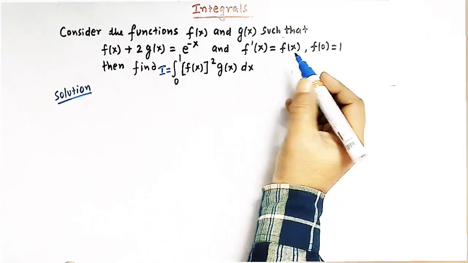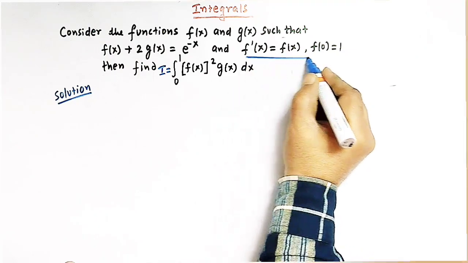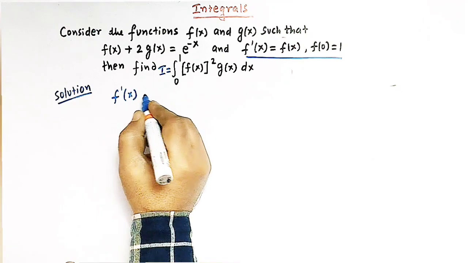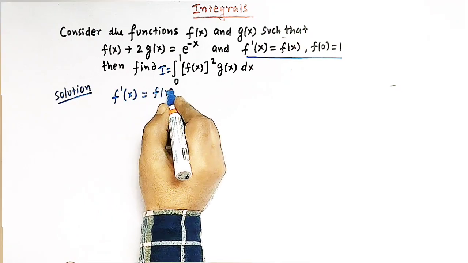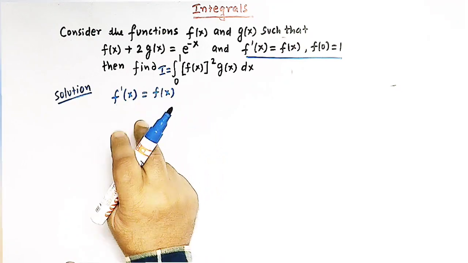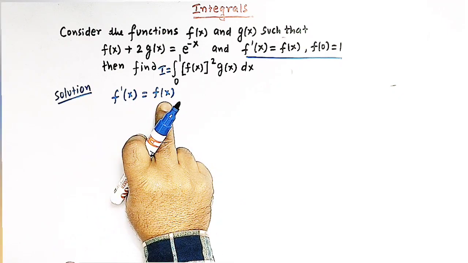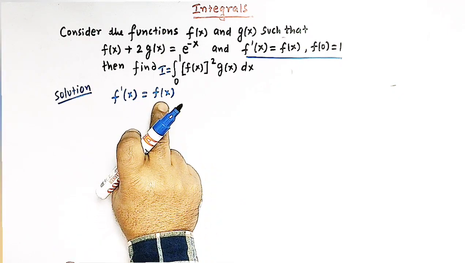Here we'll start with these two conditions. We are given f prime of x is equal to f of x, so we can now solve this equation. This is a differential equation of first degree and first order.